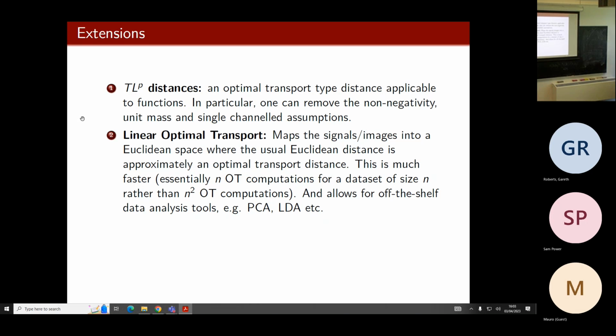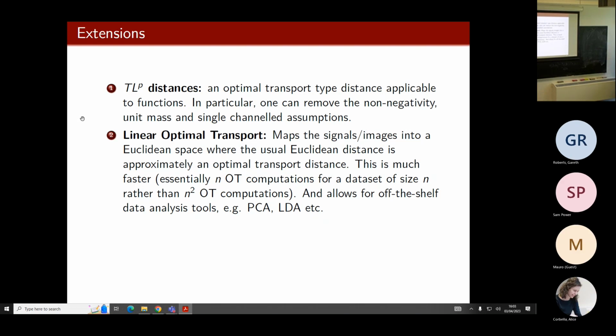So the idea behind this is, another problem we have is that if you give me a big data set full of images, first of all, if I want to compute pairwise distances between all these images, that's potentially in the order of n squared calculations I have to make. Each of these calculations is quite slow, so it's going to take me a long time.